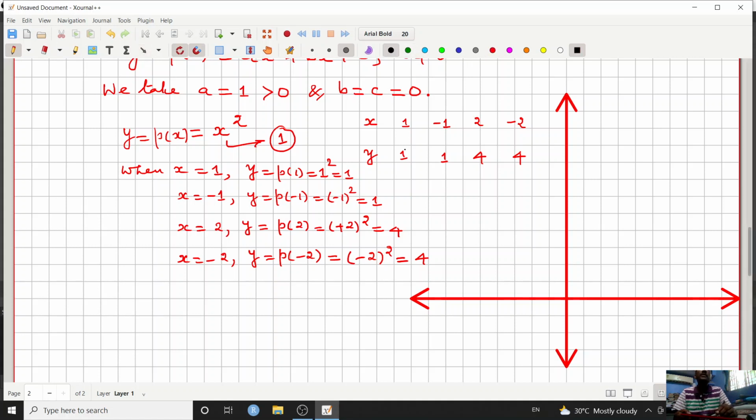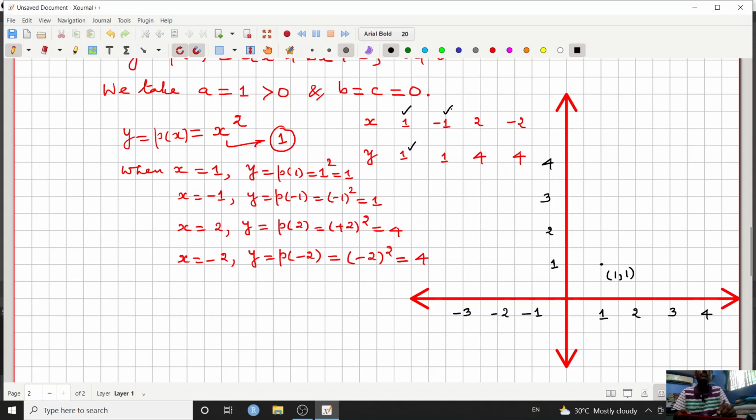Now here you plot the points. When x is equal to 1, y is 1. So let us first of all mark out here 1, this is 2, this is 3, this is 4. Likewise it is minus 1, minus 2, minus 3. You mark the points. When x is equal to 1, y is also 1. So this is the point, 1, 1.